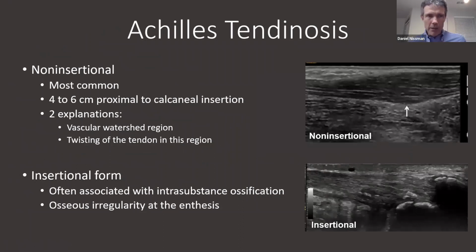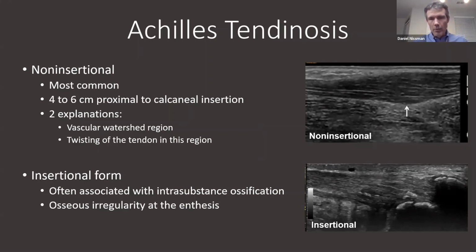All right, so let's talk about tendinosis. There is non-insertional and insertional Achilles tendinosis. The non-insertional form is the most common. It occurs 4 to 6 centimeters proximal to the calcaneal insertion. And there are basically two explanations, which I think are just sort of intertwined. That region is a vascular watershed region, which means that there is a tenuous blood supply to that region.